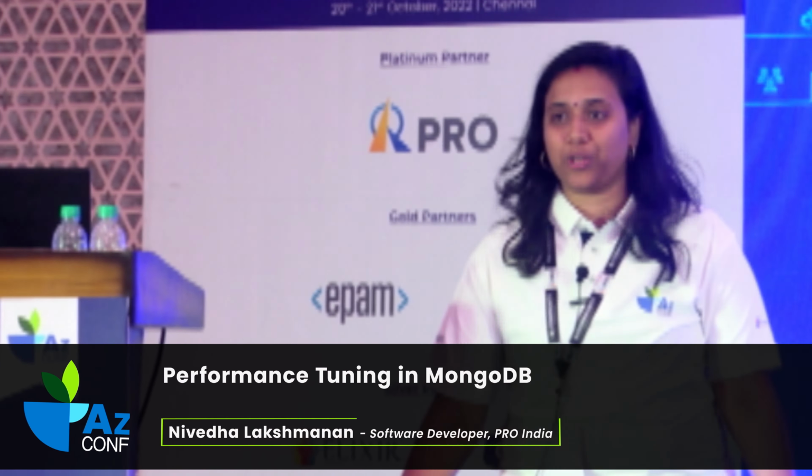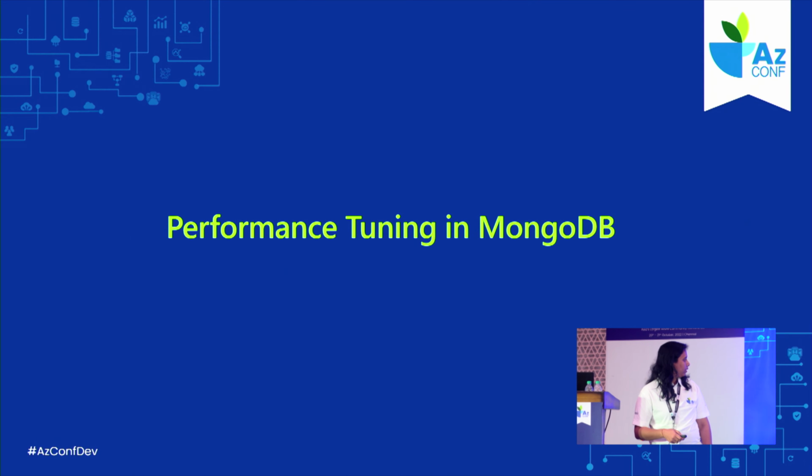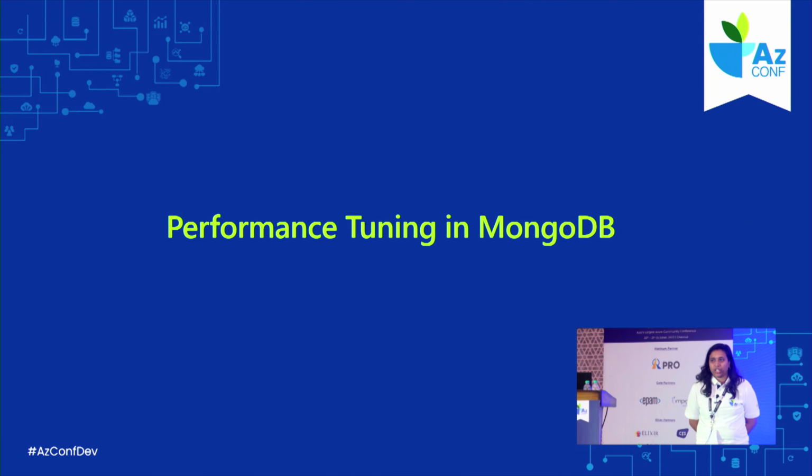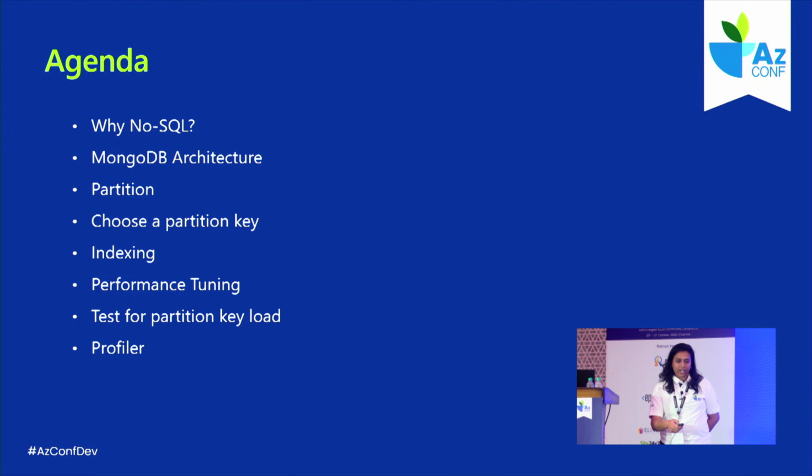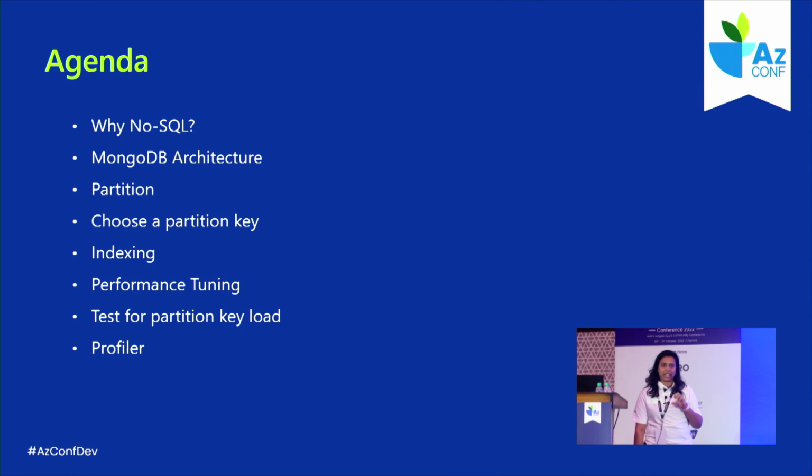Okay, today I'm going to talk about performance tuning in MongoDB. I wanted it to be a little interactive so that it would be even better to learn. Today's agenda: we'll see why we need to go for NoSQL, and some of the architecture followed in MongoDB, and I'll explain that.